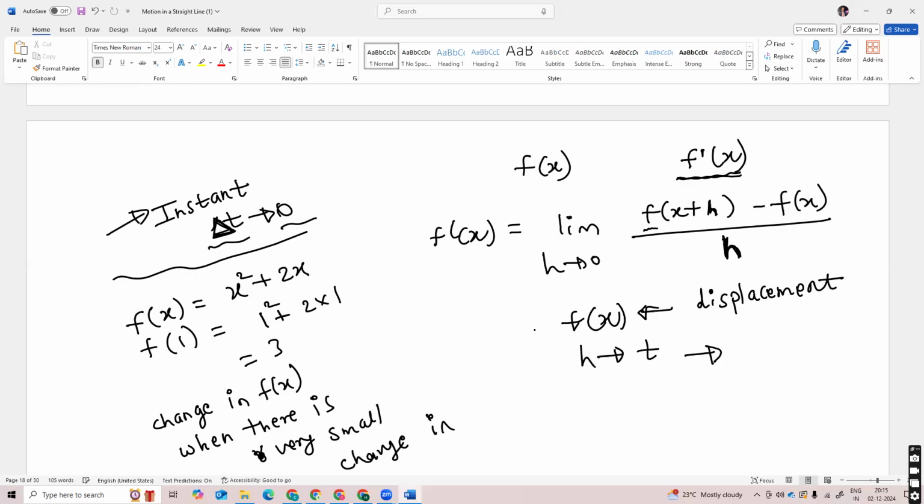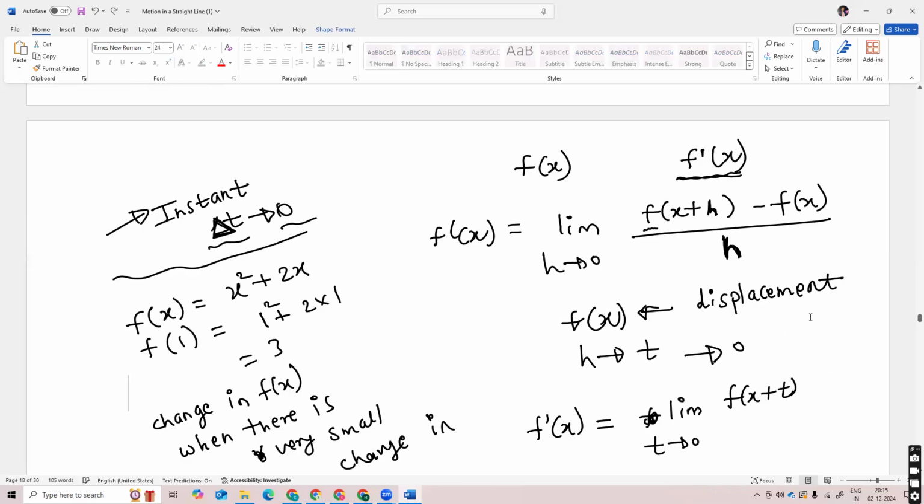So when t tends to 0, if we are finding the derivative of f of x, it is limit t tends to 0 of f of x plus t minus f of x divided by t.